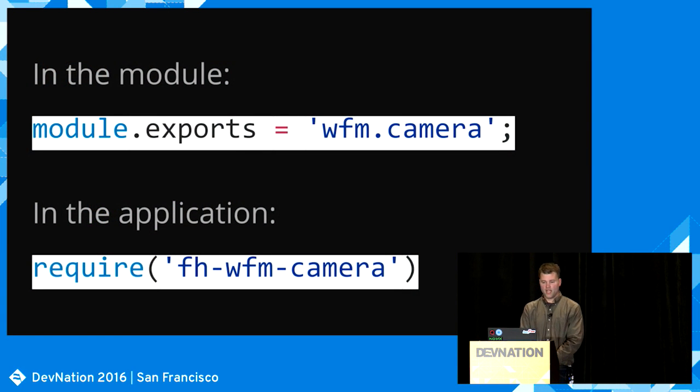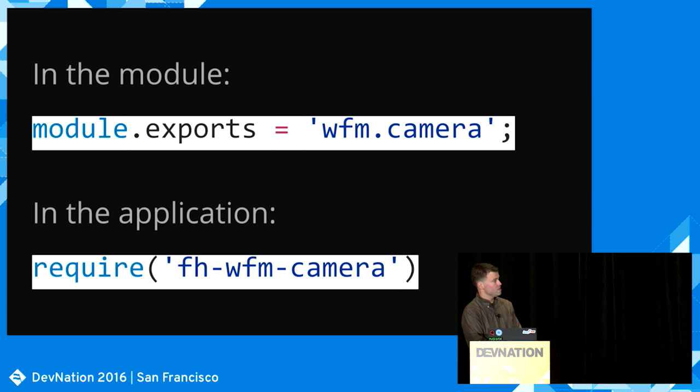So the trick to providing Angular modules via NPM is to set the CommonJS module exports to the string name of the module. If you're familiar with creating CommonJS formatted modules, you have to specify the module exports. That's what gets exported from the module.